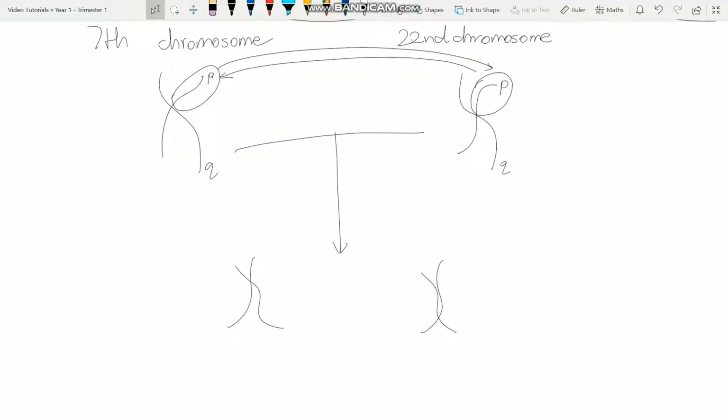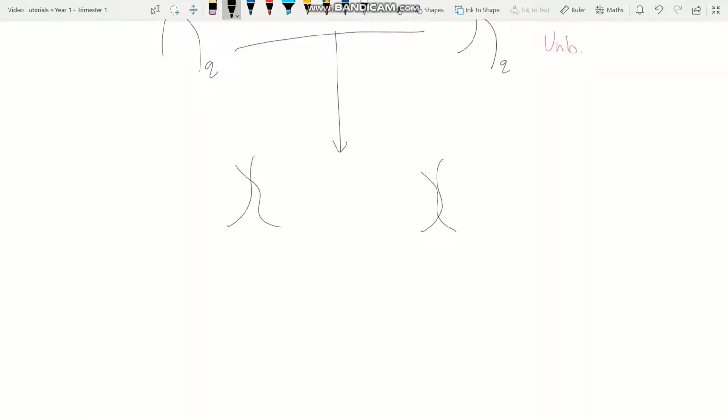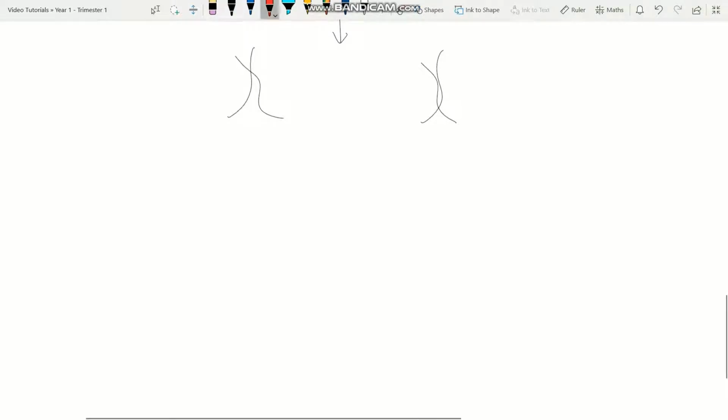So the two mutations that we just covered here are balanced and unbalanced translocations. And there's a final translocation that I'd like to go through. So we've just seen that genetic material has been swapped between two chromosomes. However, there can be different arms, two complementary arms swapped as well. So that's what a Robertsonian translocation is.